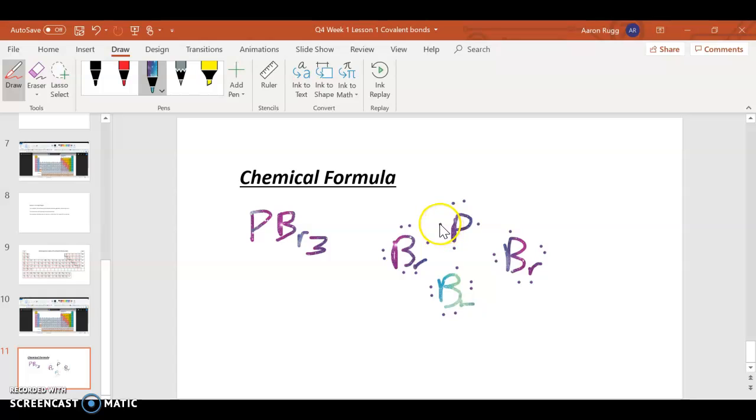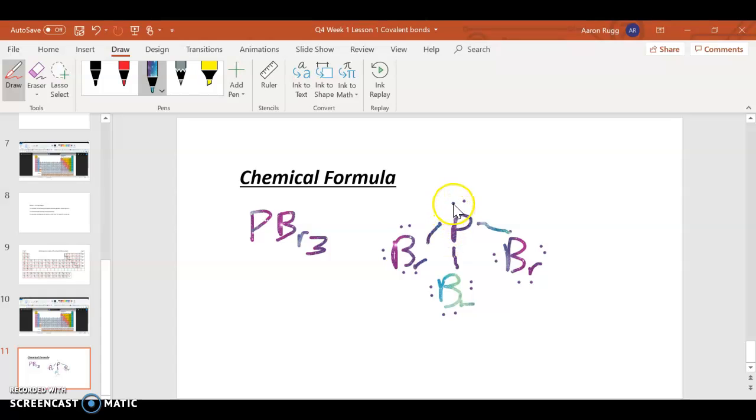So if I draw a bond between these two, and these two, okay? So we count, this is supposed to be a straight line. It's called a bond, right? So we count the bond because they're each sharing an electron. Each of those lines counts as 2 electrons.